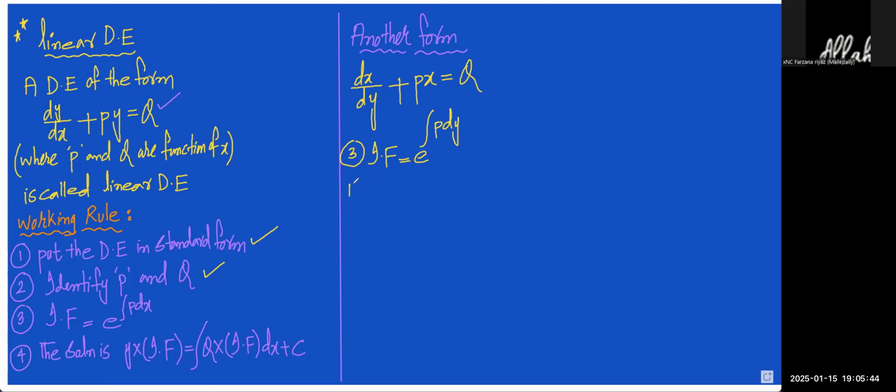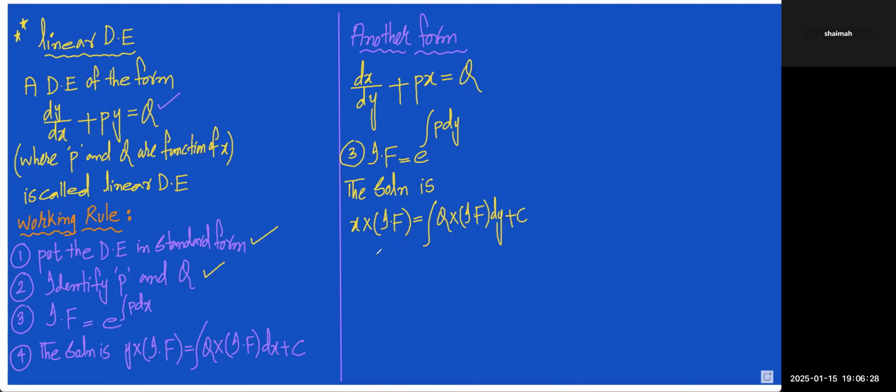Here we were getting y into integrating factor, but here you will get x into integrating factor, is equal to integral q into integrating factor dy, and then the constant. That is the only difference between these two. Understand?